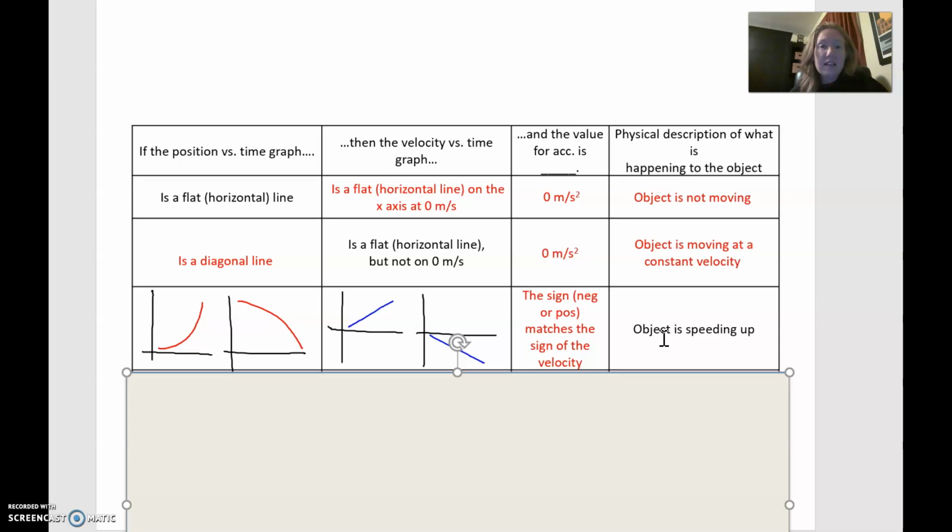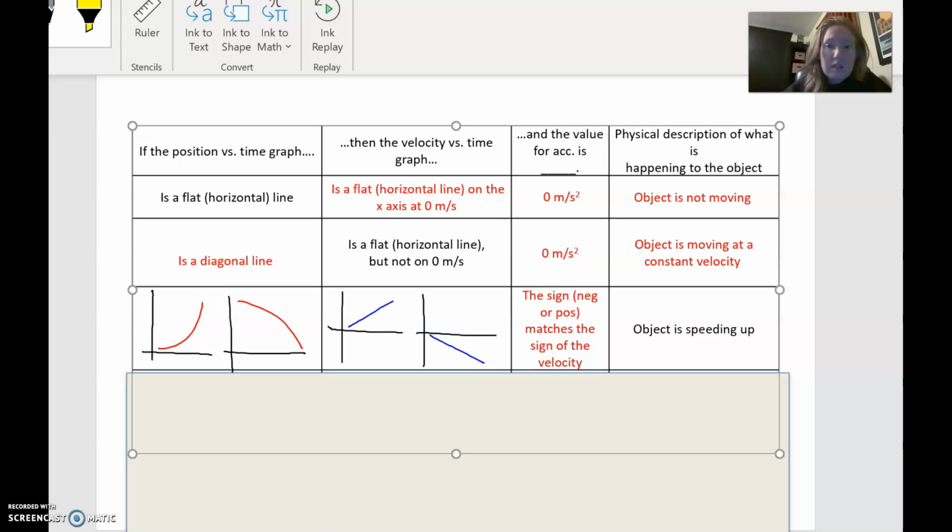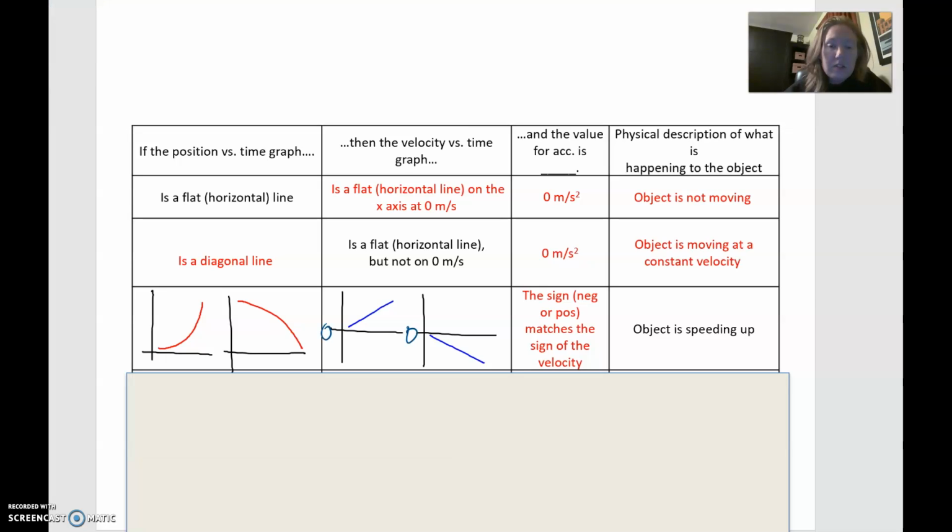And you can see in the velocity versus time graph that the velocity is going away from 0, because we know that 0 is at the x-axis, right? So I would have 0 meters per second here, at the middle, so that represents when things are stopped. And so anytime the graph goes away from 0, then I know that object is speeding up.